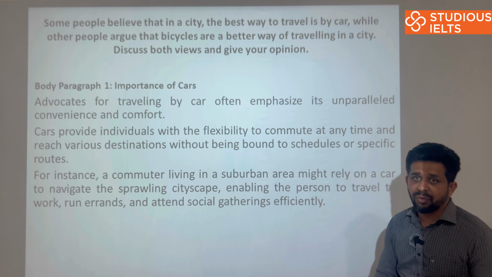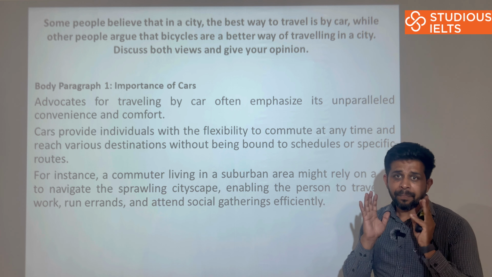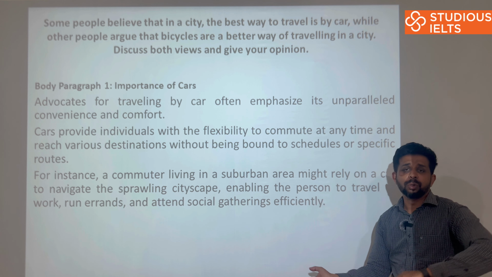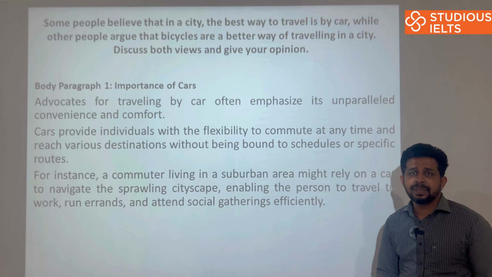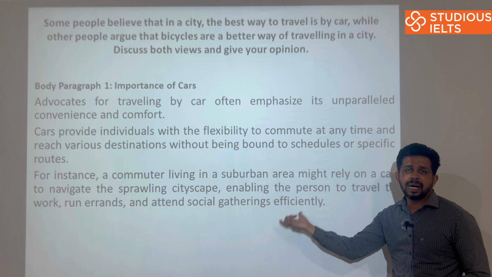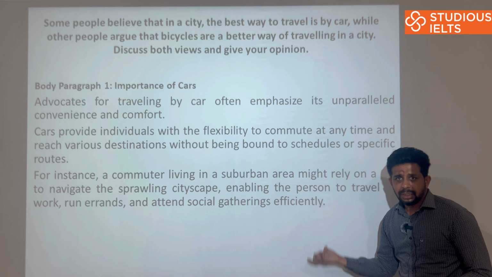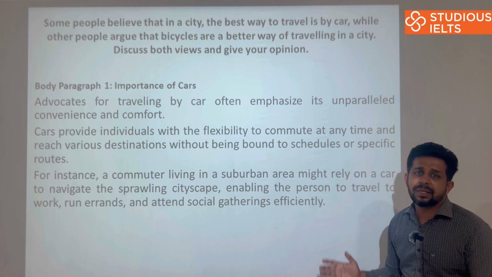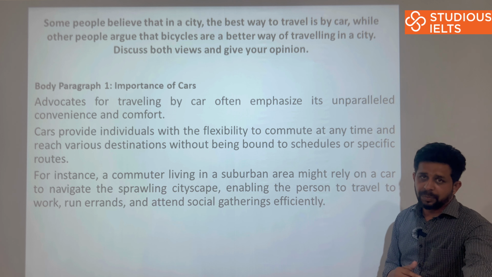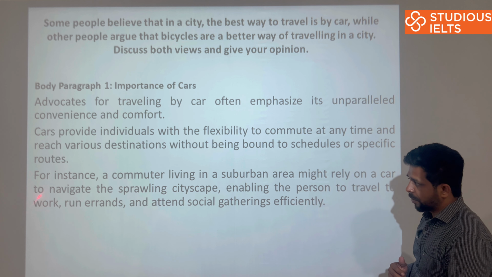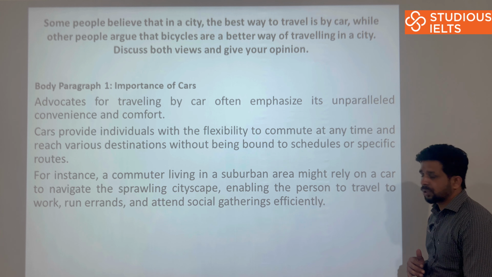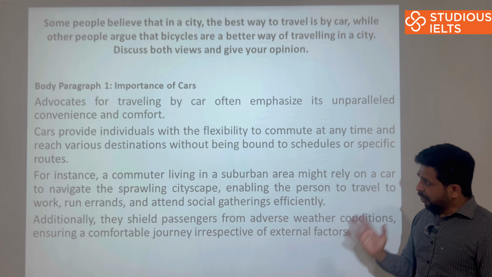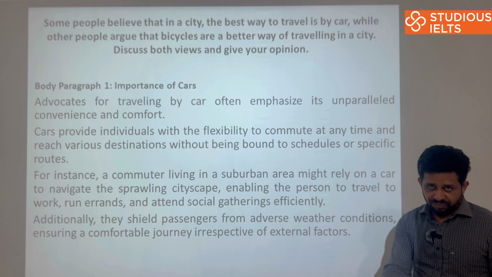So there are a number of things on the mind of the commuter who has to move to different places, and for that the person will have to rely on a car, so that with certain convenience the person can easily navigate those places where they have to be for certain purposes, like doing some important work or attending some social gathering, etc.